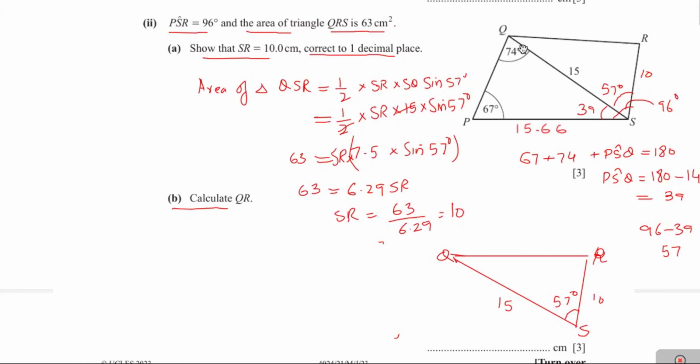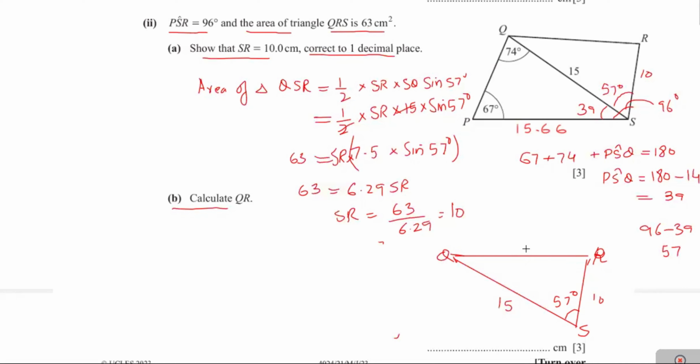You see here this triangle QSR. In this triangle, QR can be found by using the cosine rule. Now, we draw the triangle QSR here. In this triangle, the length of SQ is given as 15 centimeters, SR is 10 centimeters, and the angle between them is 57 degrees.